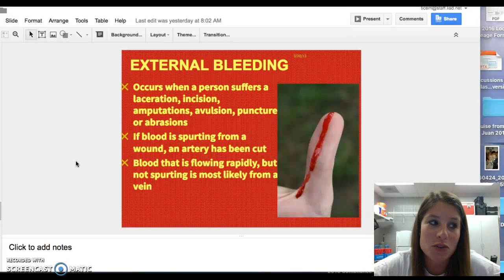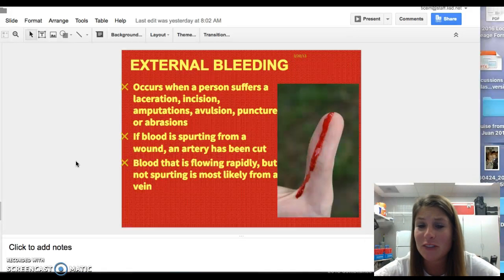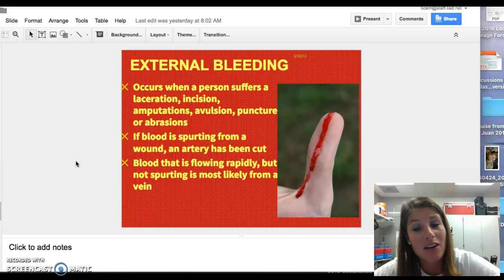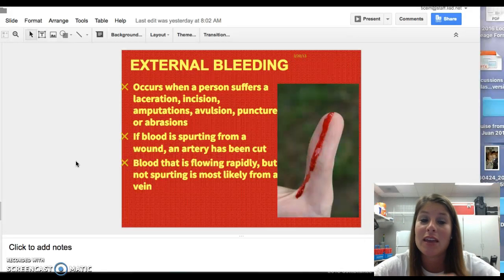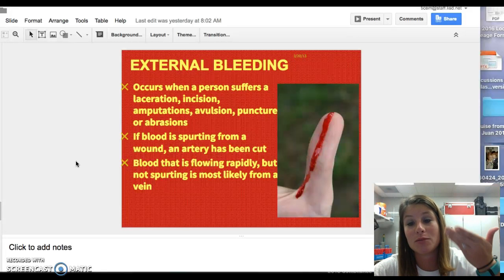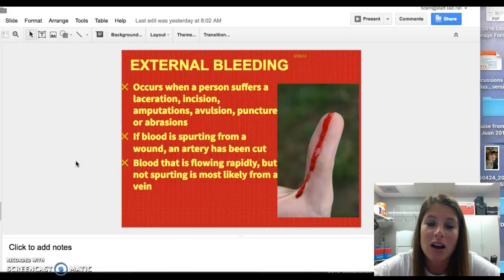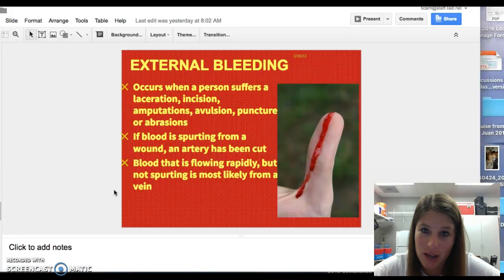Usually these are going to be a little bit deeper cuts, but if you did see that, you would know that you are dealing with an artery instead of a vein. Veins take the blood from the body back up to the heart. Blood that is flowing rapidly but is not spurting is mostly going to be a vein. So just little things to consider.